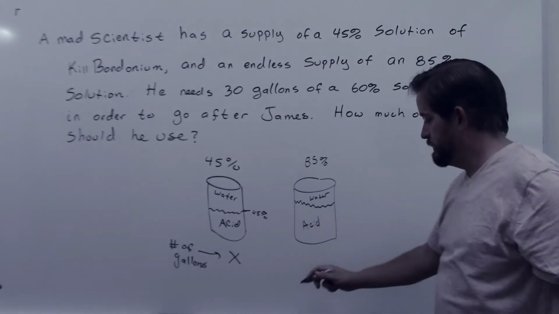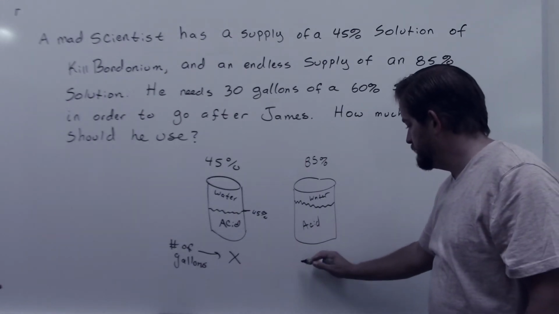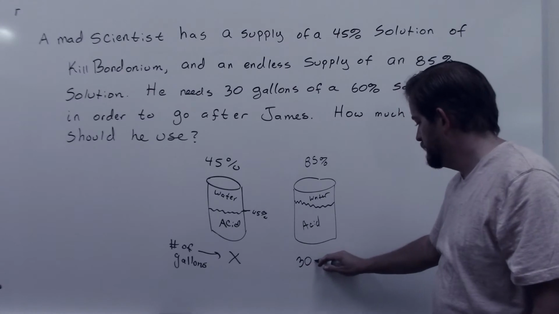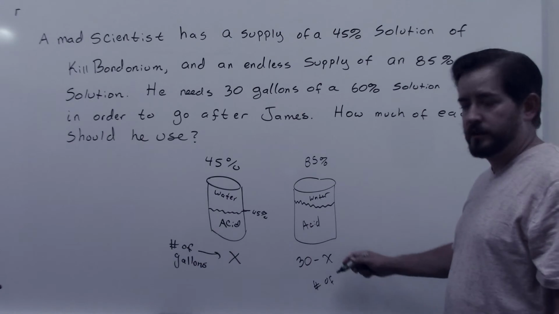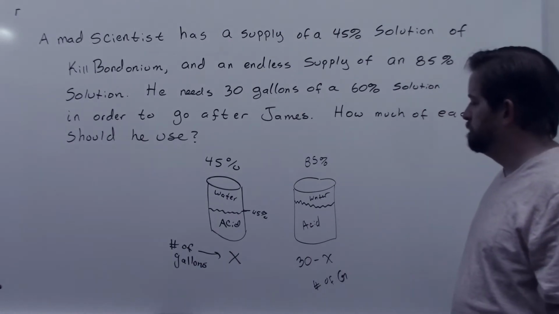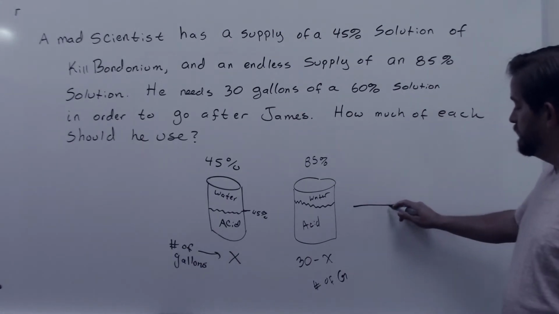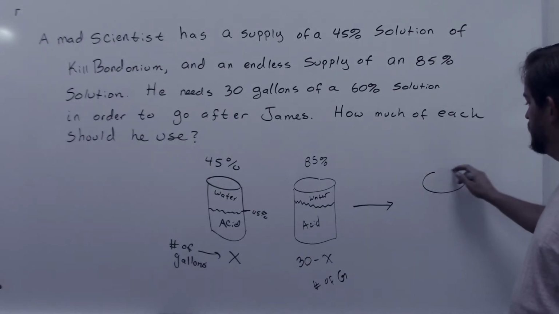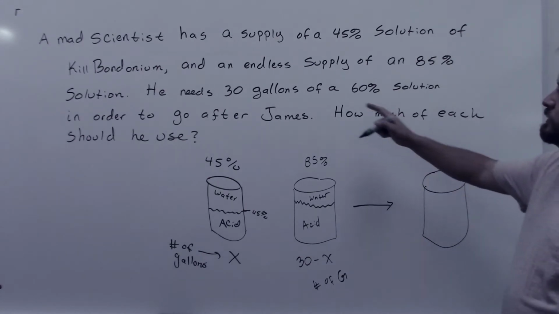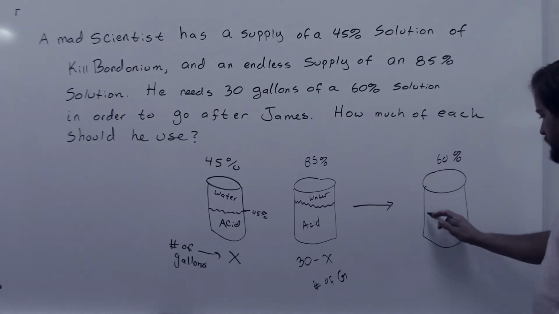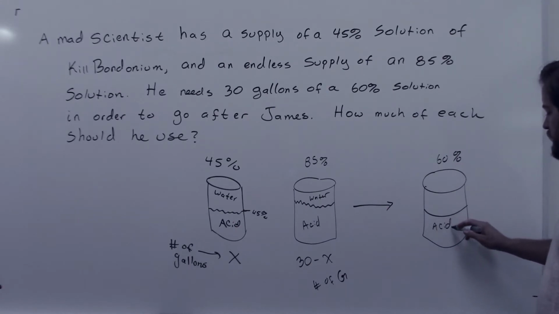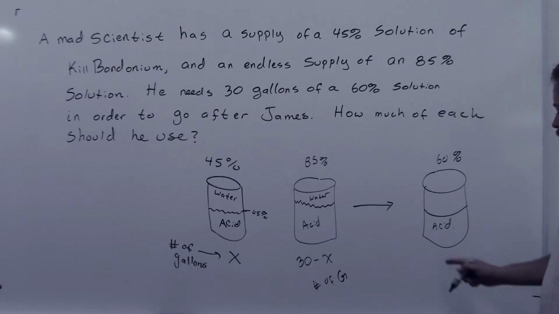So that is 30 minus X, the number of gallons of the 85% solution. And in the end, I want a solution that is 60% acid, and I want this to be 30 gallons.